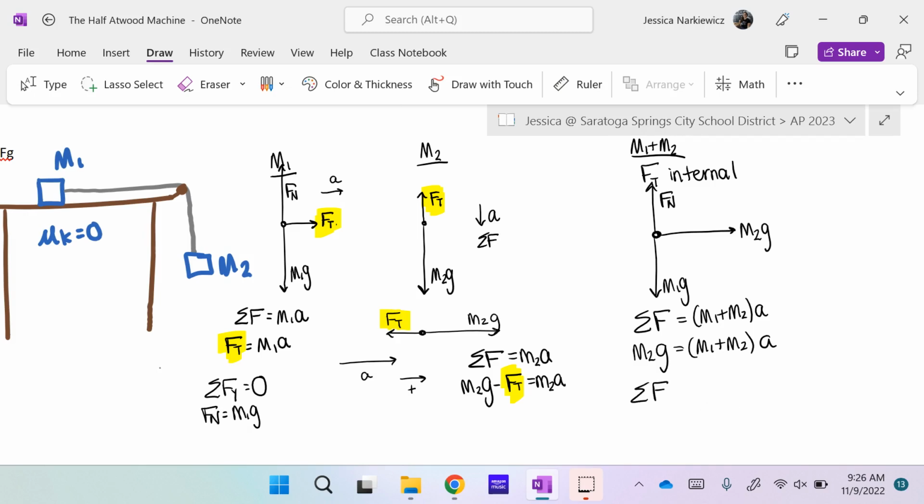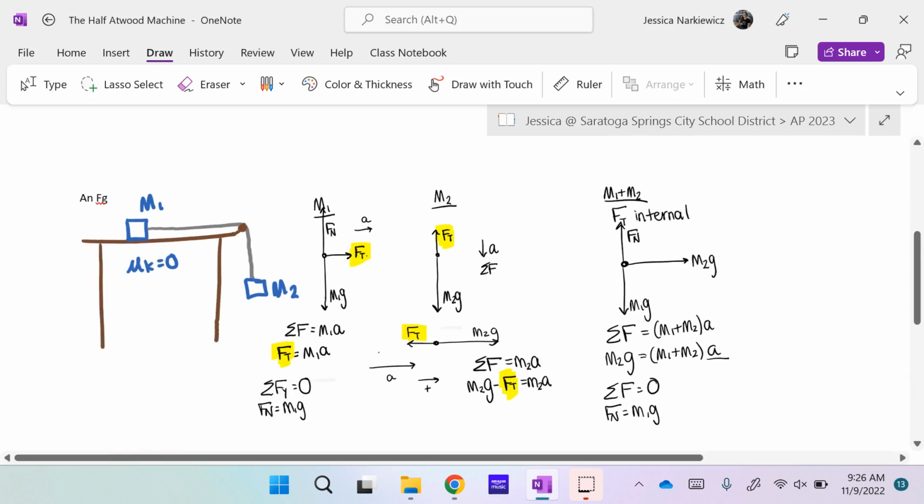And then, of course, I still have that the normal force equals M1G. That hasn't changed. Okay. So what this allows me to see is that my force of gravity is really what's causing the system acceleration, and that force of gravity will help determine my tension. But I know that the tension force has to be less than the force of gravity.